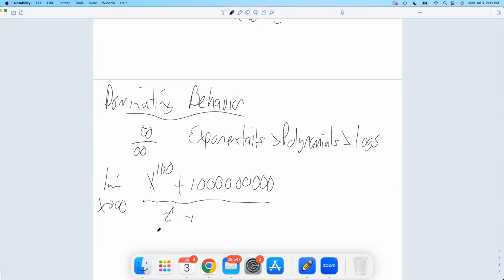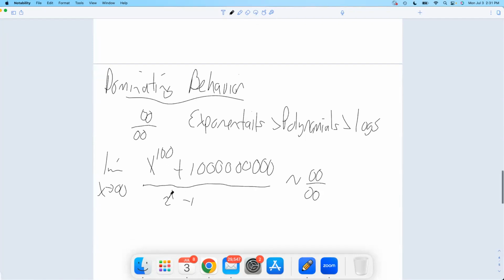Both the top and bottom are trying to shoot off to infinity. This goes like infinity over infinity. The question is, who's getting there faster? Who's dominating? Who's growing quicker? And any exponential will beat any polynomial. Sure, that's to the 100th power, but this guy is growing exponentially faster than that one's growing.